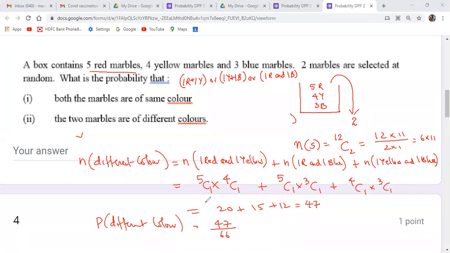Is it clear to you? Below that you write Method 2. The probability of different color is equal to 1 minus the probability of not a different color.